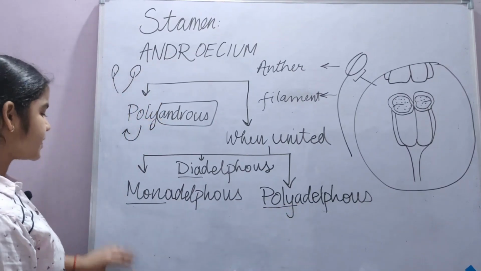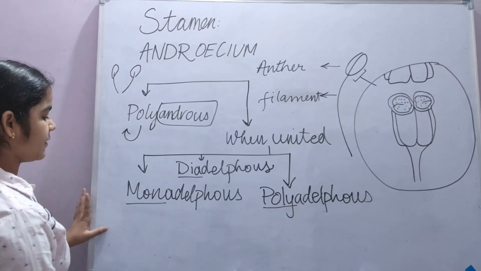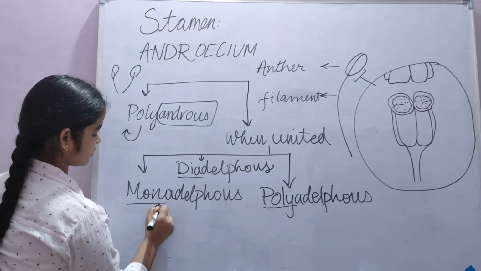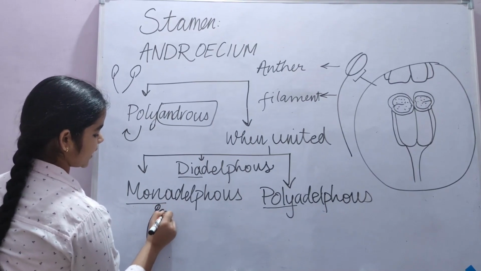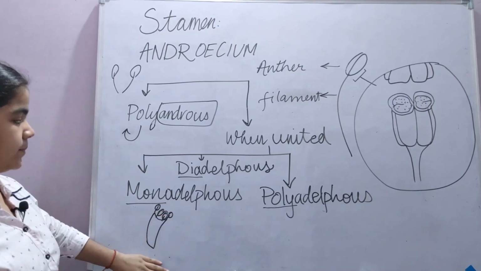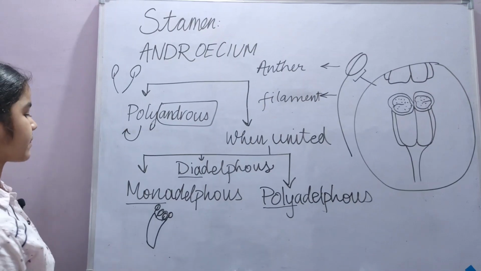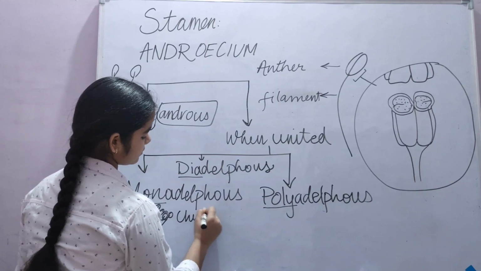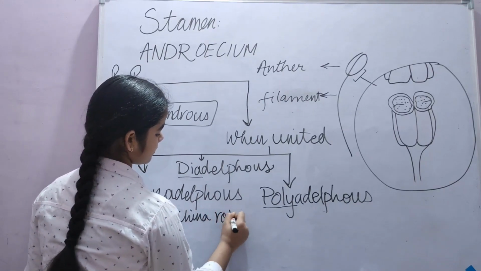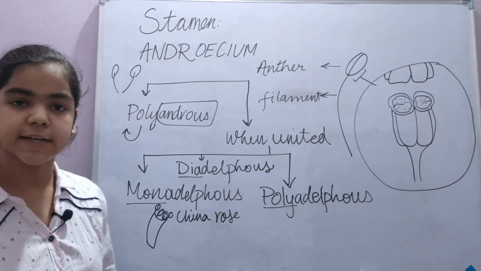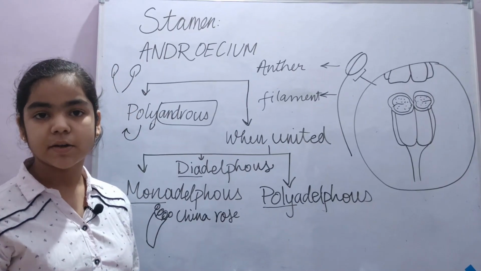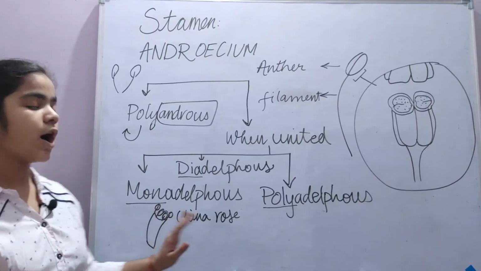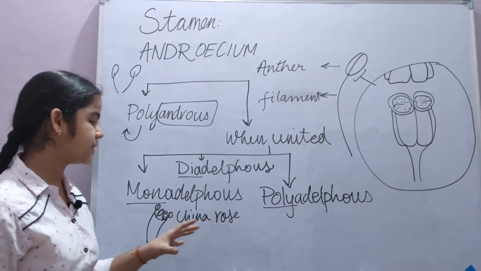So simply monoadelphous, whenever they are united in a single group, many stamens in just one group. An example for this may be China rose. You must have seen the stamens on it, right? They are all united in just one group, that is monoadelphous condition.